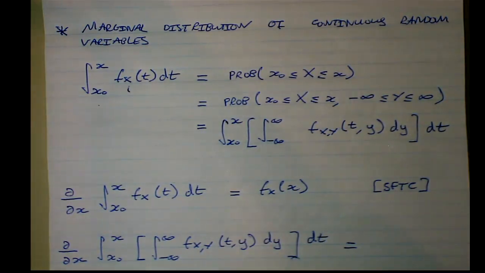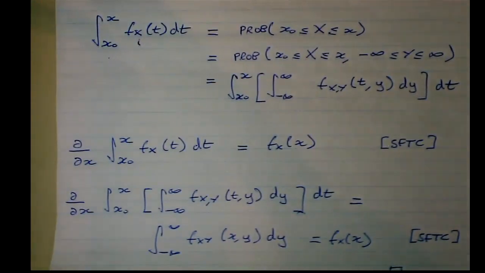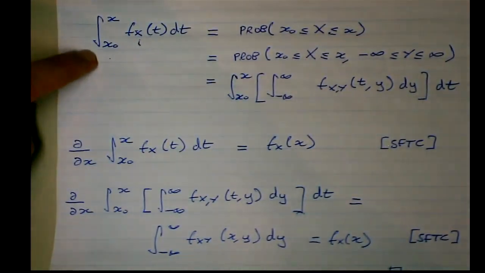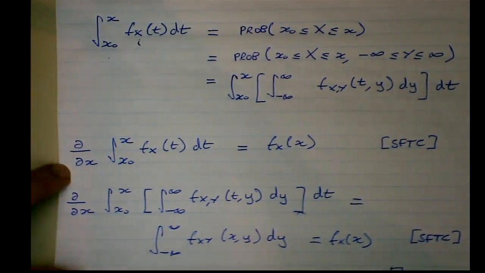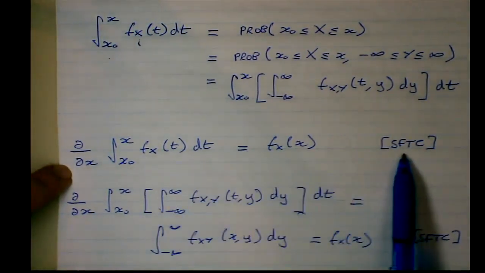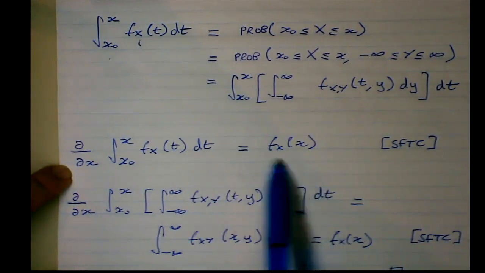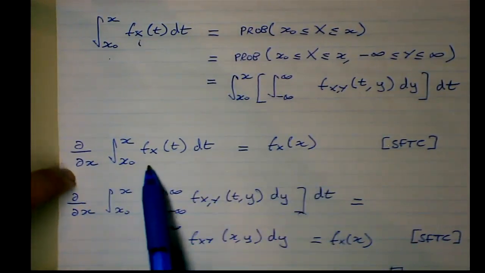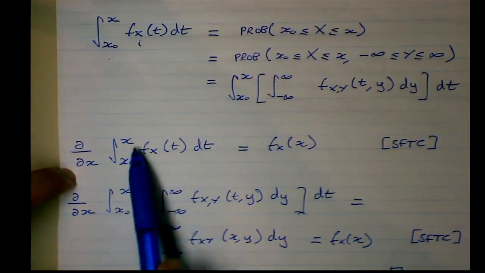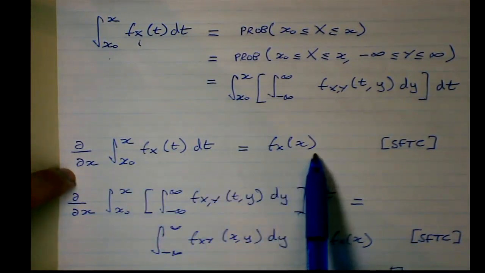You just do a double integration over the bounds you're interested in. Now, we've worked out what this is. If we differentiate this, by the second fundamental theorem of calculus, we get this relationship. If I differentiate the integral of fX of t between x0 and x, I get fX of x.